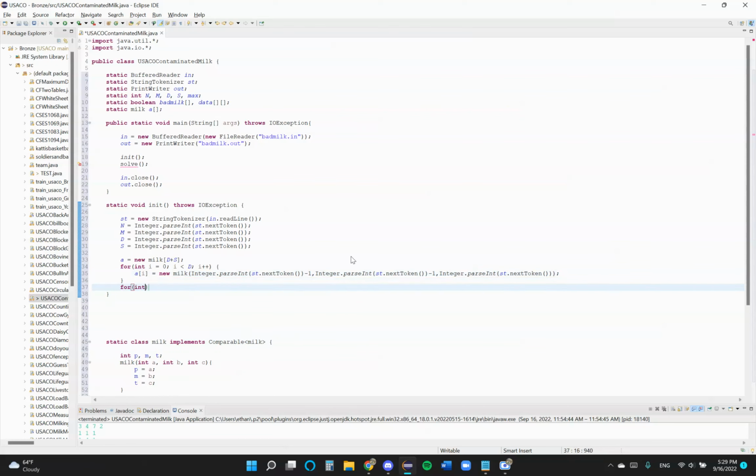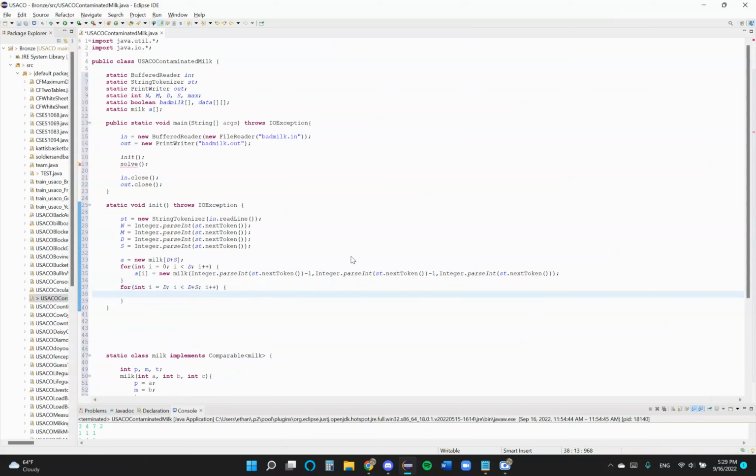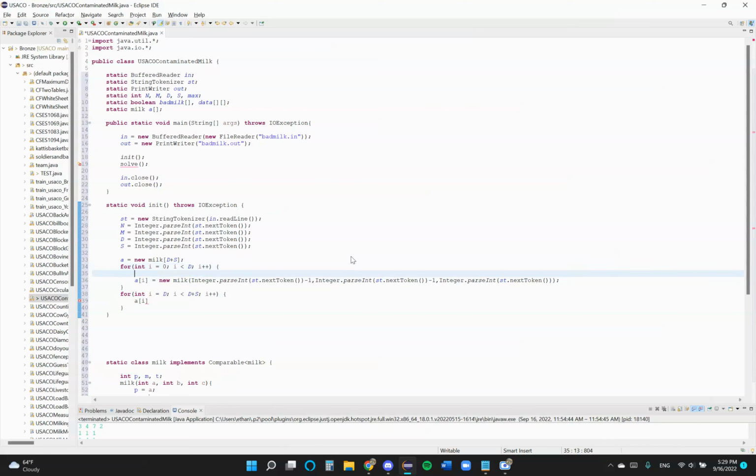And then for int i equals d, i is less than d plus s, i plus plus, so this is going through all the sick data, where people got sick. A of i. Oh wait, we have to create the string tokenizer. T equals new StringTokenizer(in.readLine()).